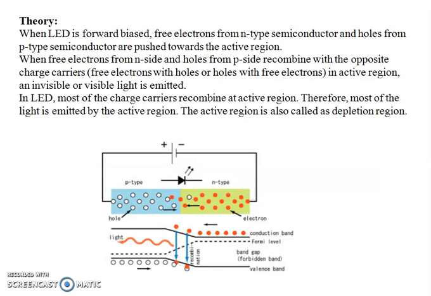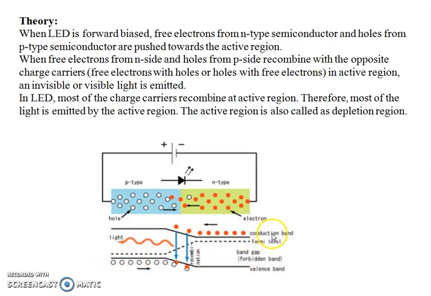That's how they produce light. If you look at the schematic of the band structure, the Fermi level for p-type will be near the valence band, and for n-type near the conduction band. When you combine them, it will look like this.